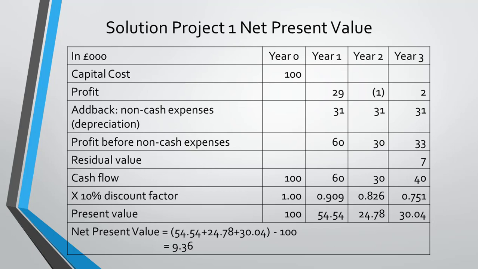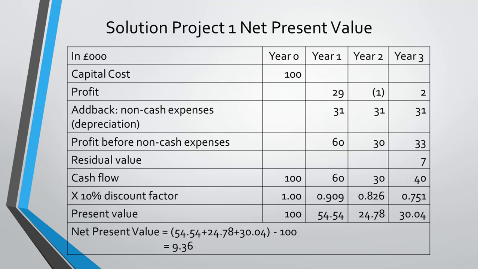Let's try to solve first for net present value. Now for the net present value, year 0, the initial year, is 100,000 pounds. Of course the present value of that one, since it is initial, is 1. You can see the 10% discount factor down there. You have to use the present value table provided in the text, or you can use the formula.